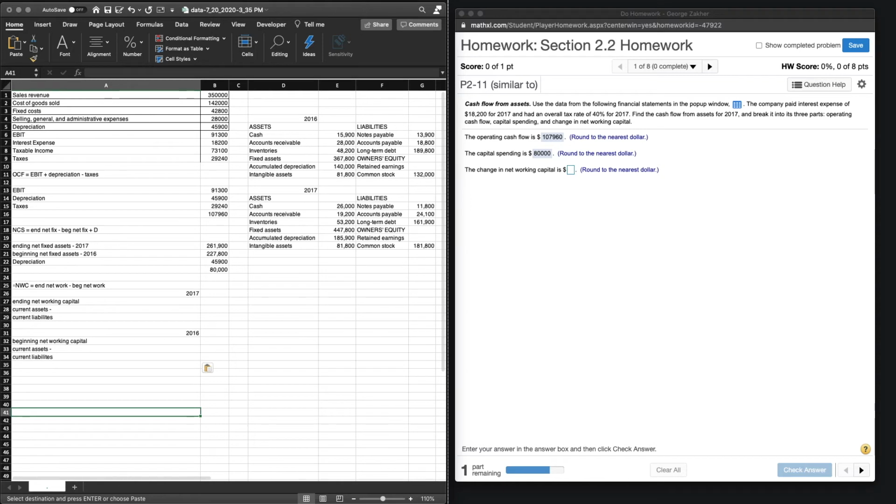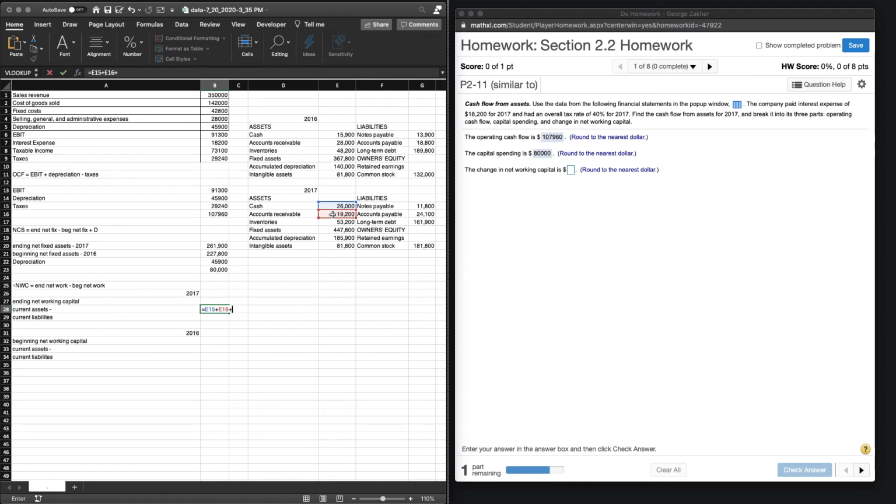Let's start with our 2017 numbers. First we want to figure out our current assets. Remember, those are assets that can be monetized within a year. Our current assets will include, of course, our cash, very liquid, our accounts receivable, because we're getting that money hopefully within the year, and finally our inventory, because we should be able to sell our inventory within that year.